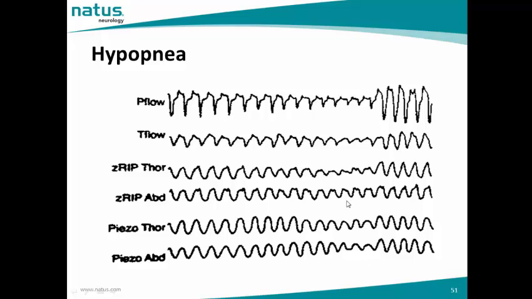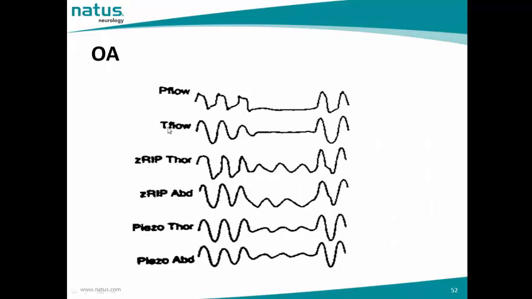using the RIP technology. In this example, there is evidence of an apnea. If we look at the RIP thorax and RIP abdomen, we can see that the effort still continues throughout the apnea period. So this apnea is classified as obstructive apnea. However, we can see that there is a degree of paradoxical breathing.